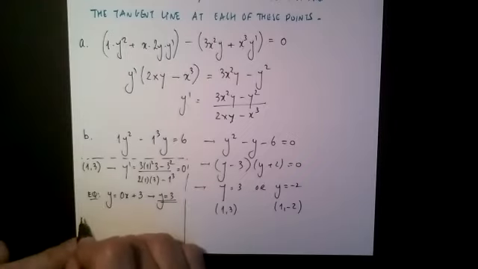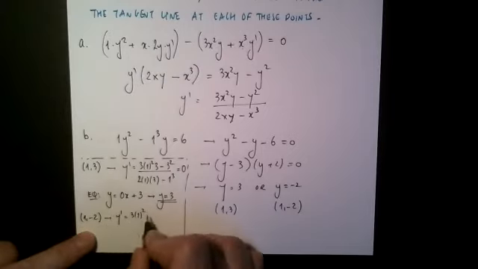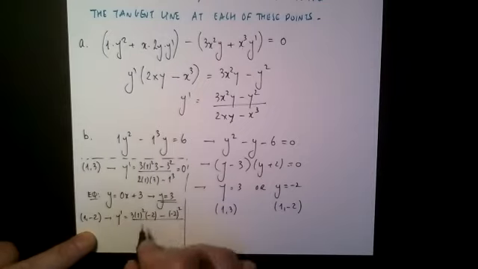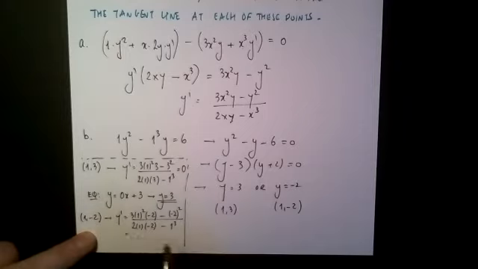Okay, and then do the same thing with (1, negative 2). So y prime is 3 times 1 squared times y, which is negative 2, minus negative 2 squared over 2 times 1 times negative 2 minus 1 cubed.